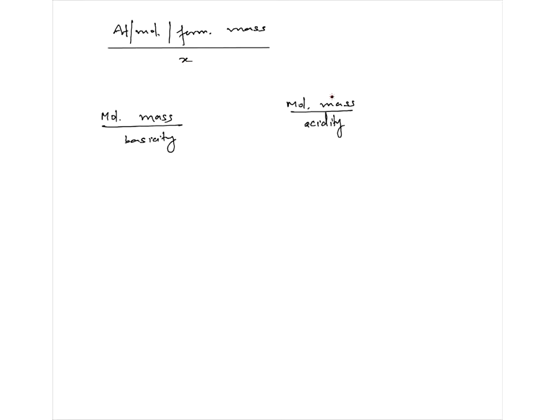For base you are dividing by acidity. For redox reactions you are dividing by the number of electrons transferred per unit. And whatever you are dividing by is never less than 1.